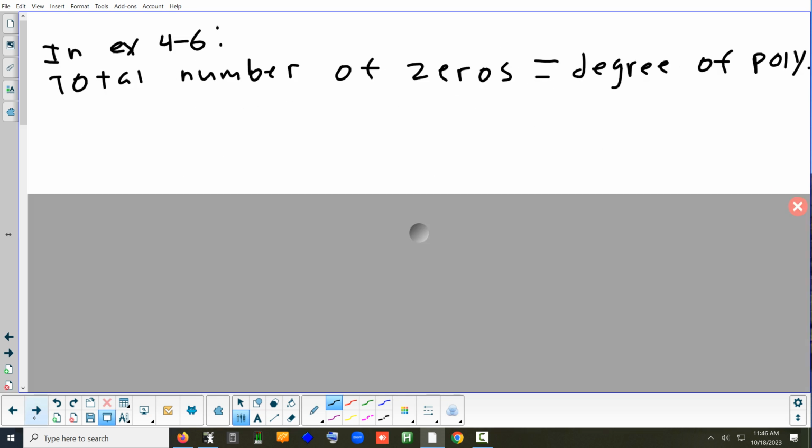So the total number of zeros, or the total number of roots that you get, is always equal to the degree. If you were solving a 5th degree problem, you would have 5 answers. Answers might repeat. We saw that yesterday. You can have an answer that repeats, but there still has to be 5 answers.